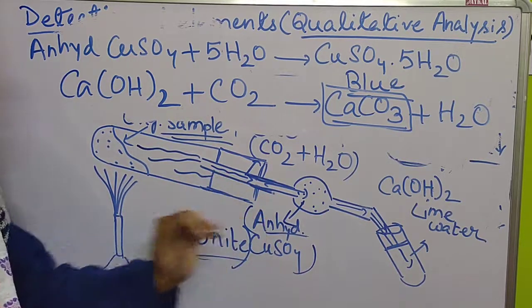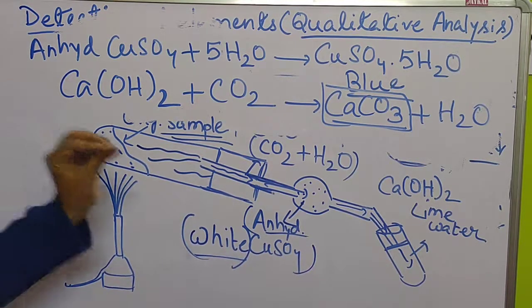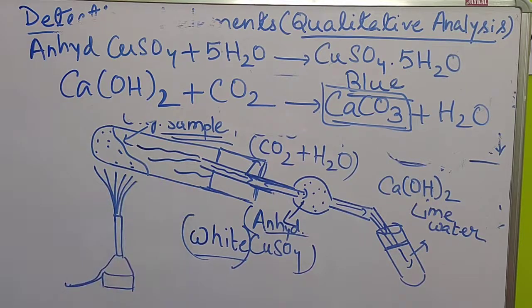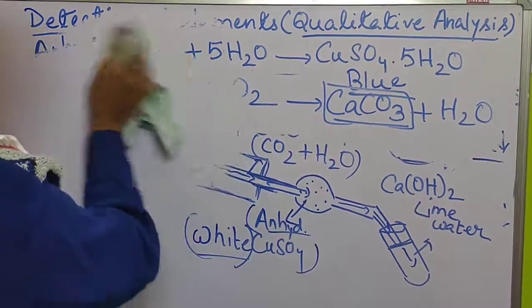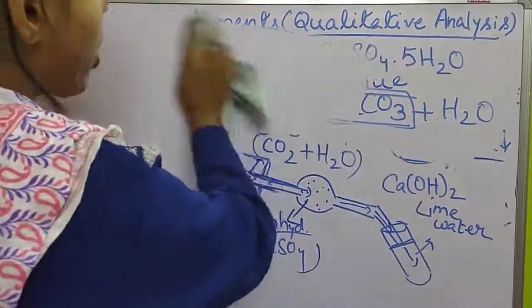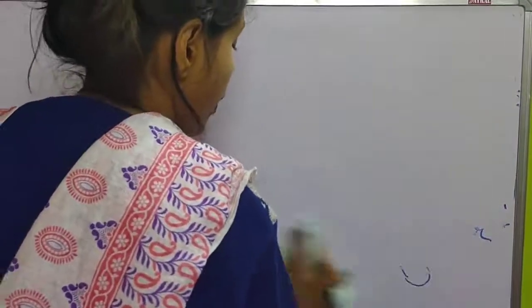So by these two tests, we are now sure about the presence of carbon and hydrogen in the organic sample. That's why this test is used for the confirmation of carbon and hydrogen in an organic compound. This is also called the copper oxide test.